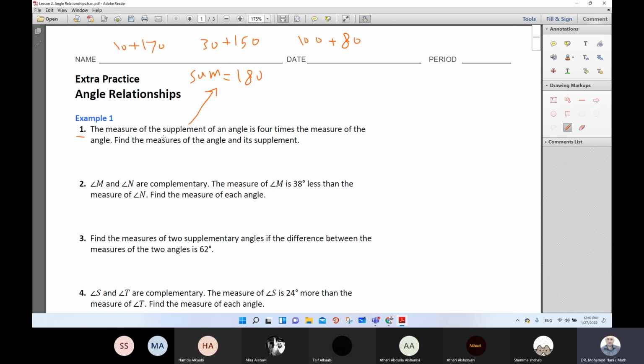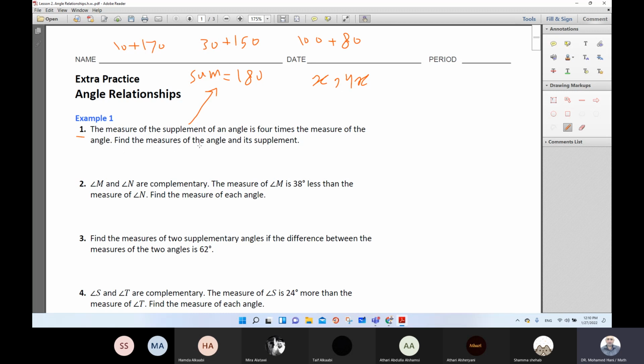So the measure of the supplement of an angle is 4 times the measure of the angle. So we have the first angle x and the second angle 4x. This is the meaning of 4 times.